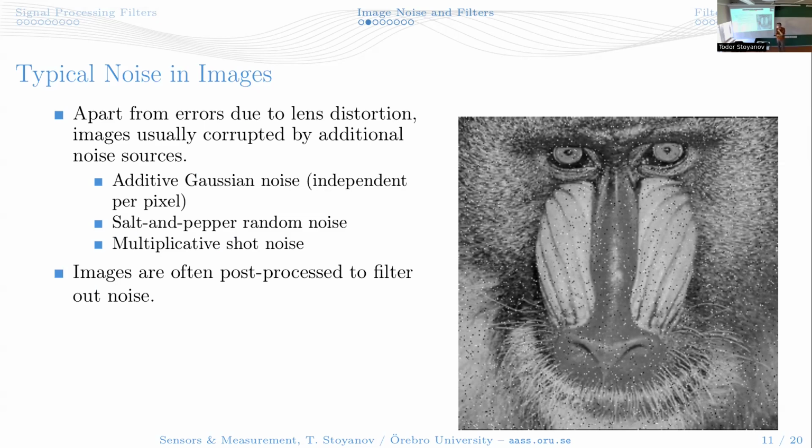So typically we distinguish about three different main categories of noise. I'm talking about non-systematic noise. Systematic noise we talked about before when we talked about vibration. These were the distortions or the motion blur or rolling shutter effects.